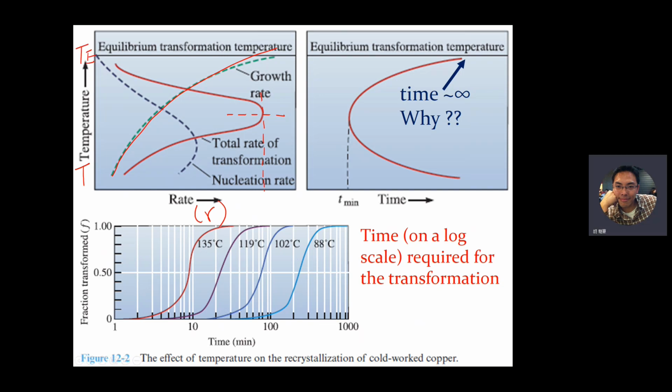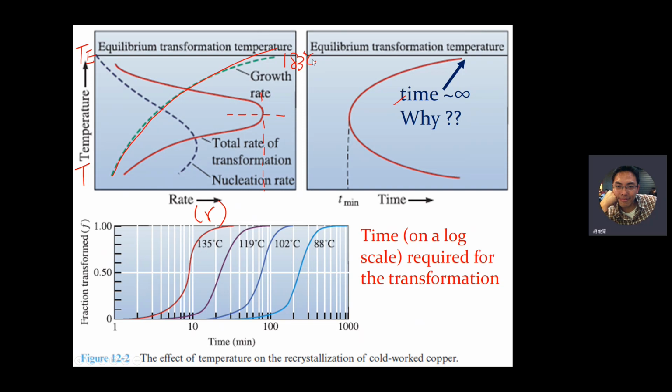For the tin-lead solder, the temperature is about 183, right? So if we need a fast rate of transformation, we can find the specific temperature from this figure.